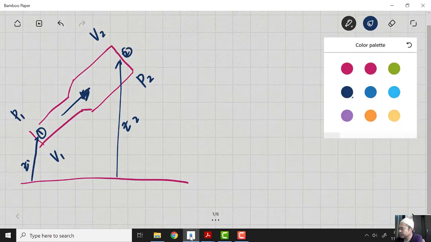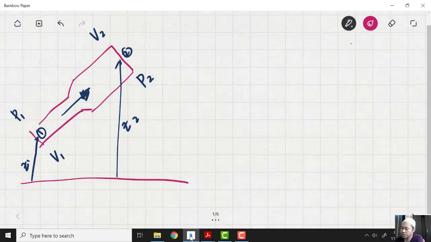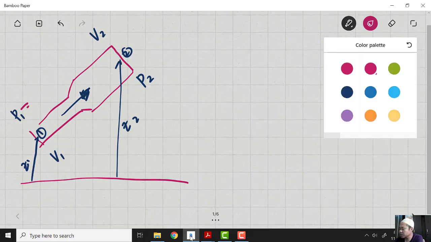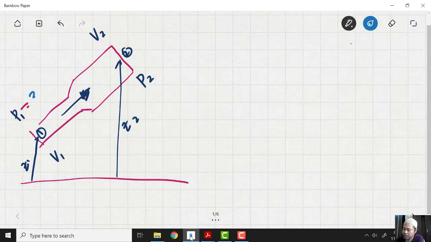Okay, so how do we solve this question? First, you need to find the unknown and known. The known here is pressure. Pressure is given to us at 345 kilopascal, and the velocity is 3.0 meter per second, and also given to us is the diameter.